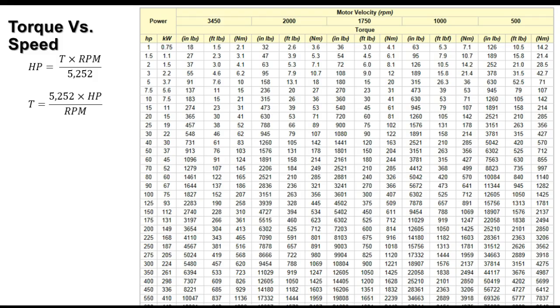Why you need to know that is because motors over here are sold by horsepower. In the rest of the world, they're sold by kilowatts. So if it's 746 watts per horsepower, then it's going to be 0.746 kilowatts per horsepower, right? Y'all understand that? It makes sense.